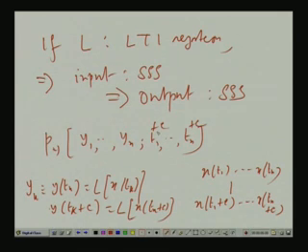So when you have t1 plus c, ..., tn plus c, the corresponding joint density again depends on the joint density of x of t1 plus c, ..., x of tn plus c. But because of strict sense stationarity of the input, that statistic will not be different from the earlier one when the constant shift c was not applied. Obviously, in the output case also the two densities will be the same, and you get strict sense stationarity.